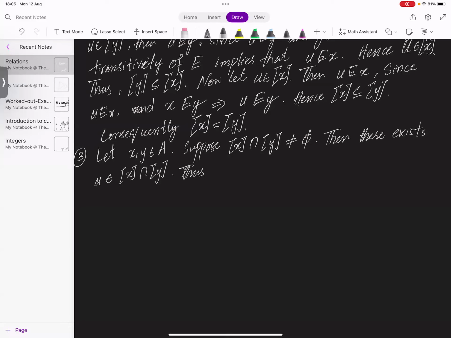Thus, that element u is in both equivalence classes, and this shows that u is E related to x and u is E related to y.